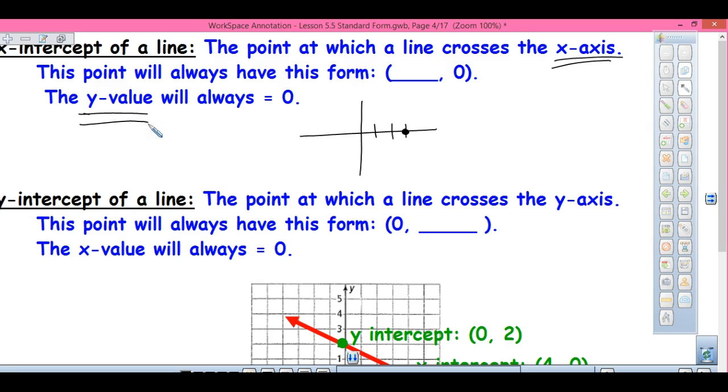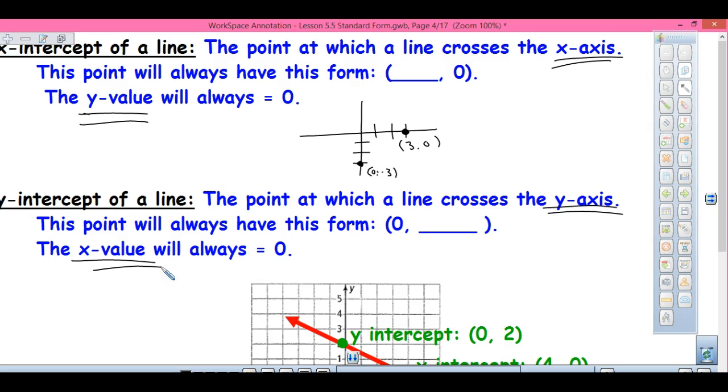The y-intercept is where it crosses the y-axis. If I have this point right here, what is it? 0, negative 3. So what is 0 in this case? The x. In this case, the x value is 0. So it's always the opposite.